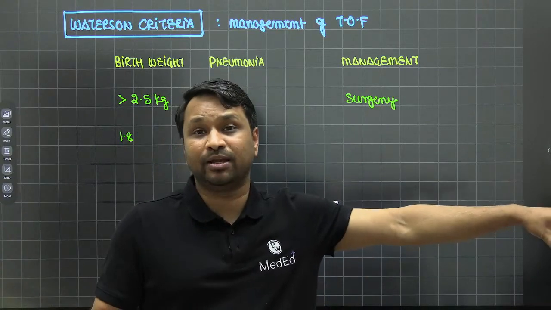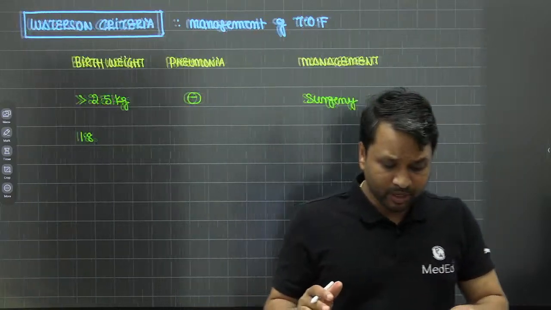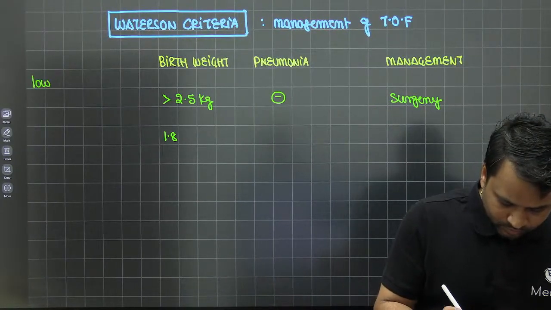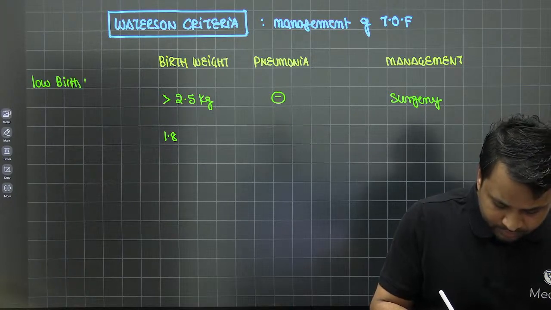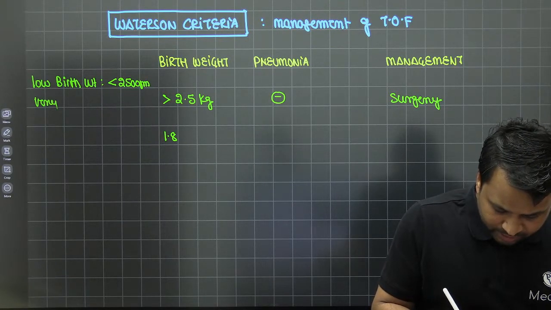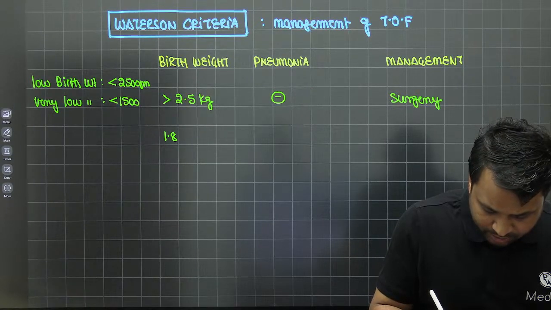The problem is if the weight reduces. So when you talk about the birth weight categorization, I don't want you to goof up. We say low birth weight if it is less than 2500 grams. Then you have very low birth weight if it is less than 1500 grams.